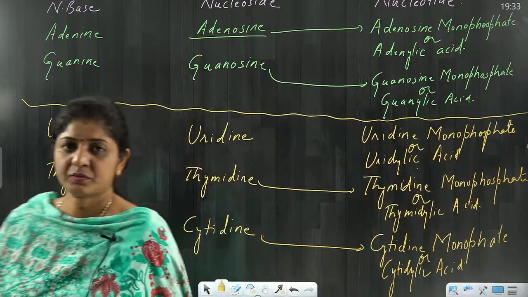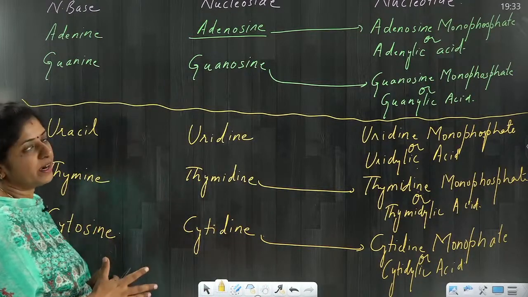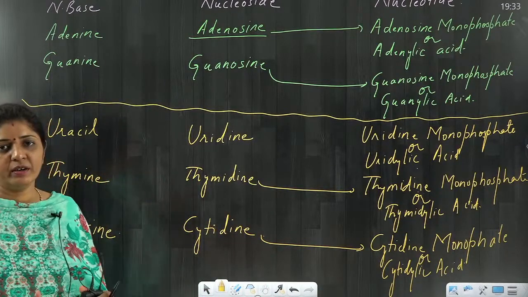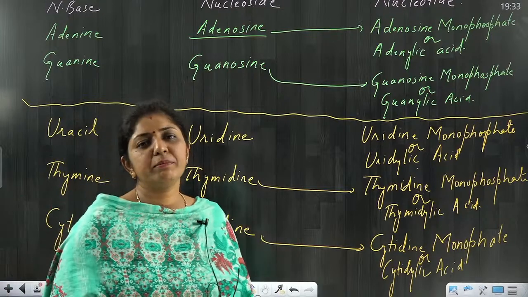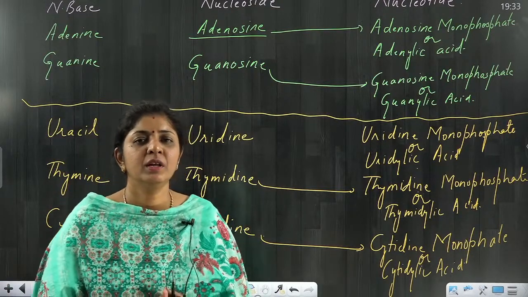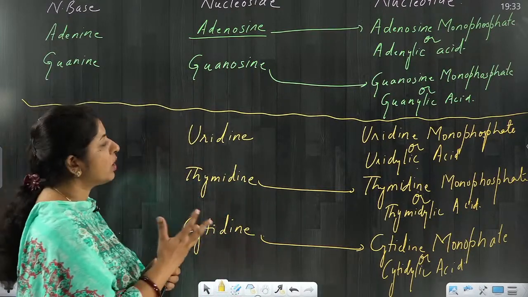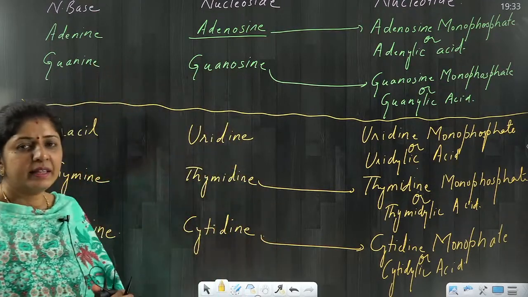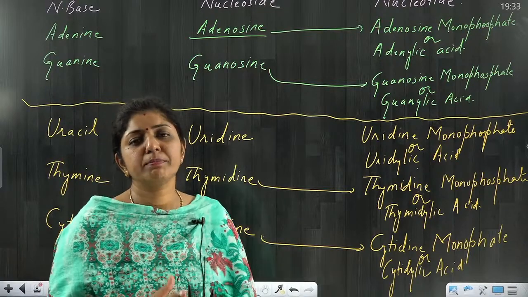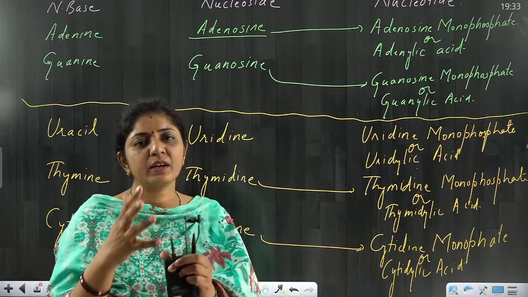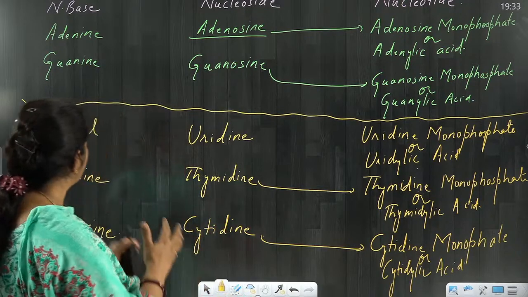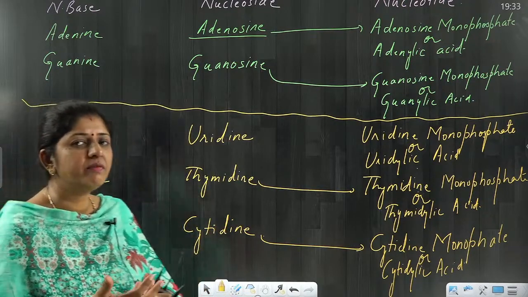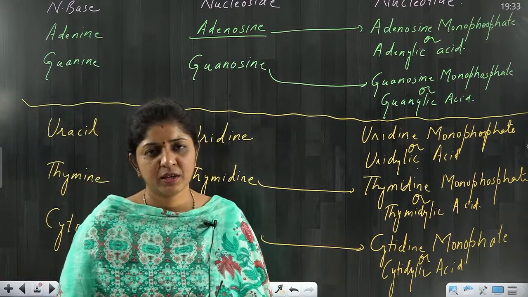Right? Why can I say that this part is important? The reason is many questions can be framed. For example, if I ask you what is the difference between guanosine and guanine, then you should know guanosine is made of sugar and the nitrogen base, whereas guanine is only the nitrogen base itself.